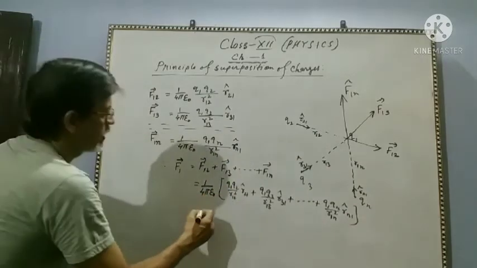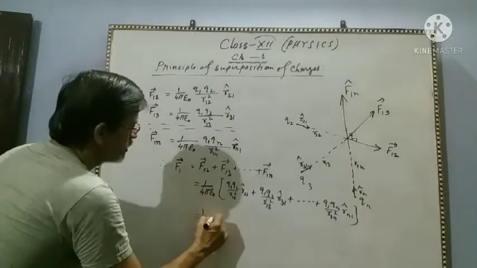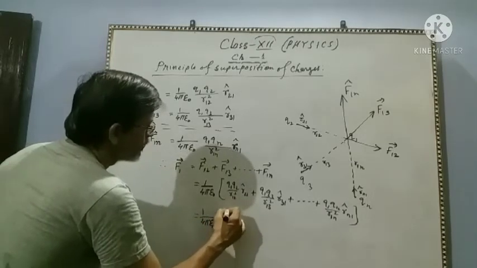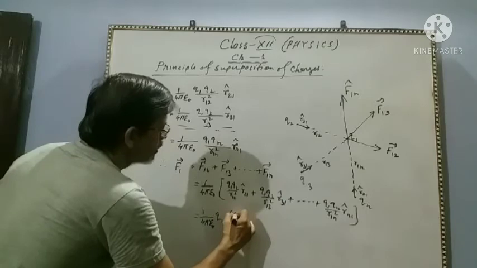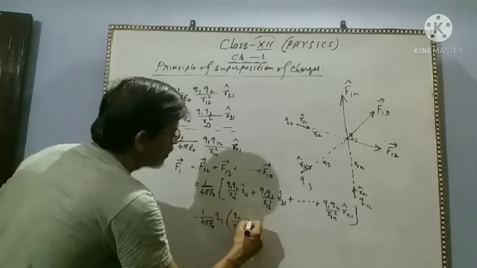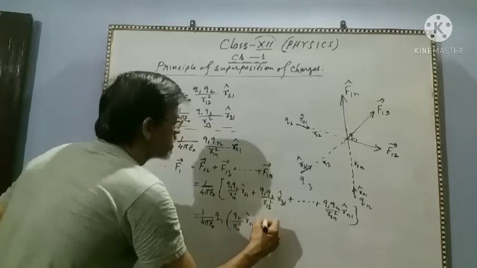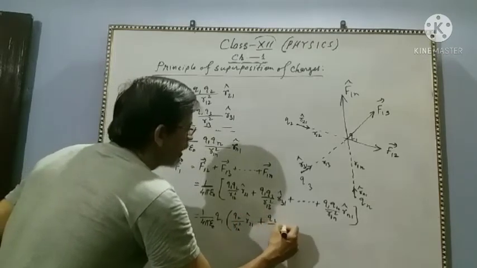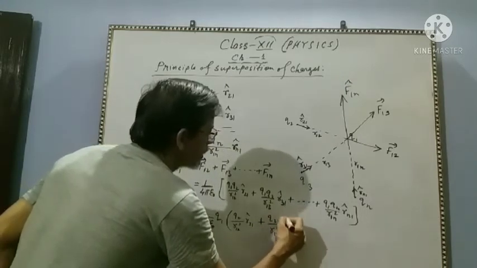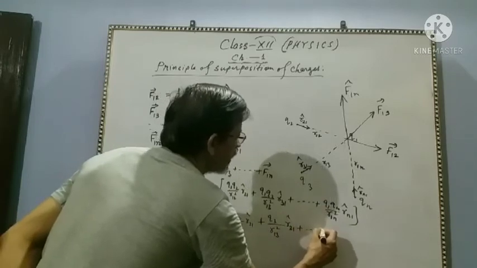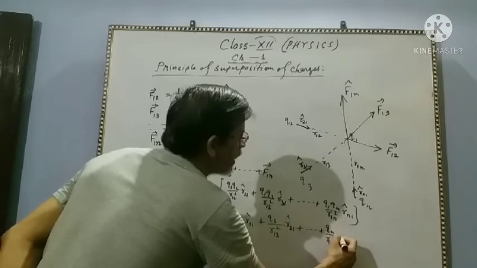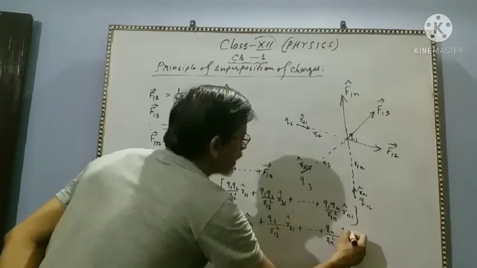Q1 also common. So this is 1 by 4 pi epsilon naught Q1 times Q2 by R12 square R21 cap plus Q3 by R13 square R31 cap plus Qn by R1n square Rn1 cap.